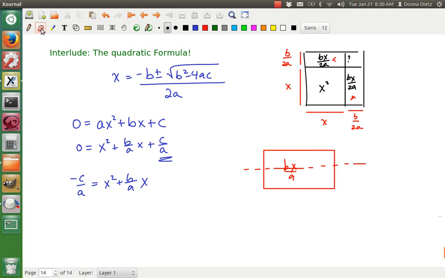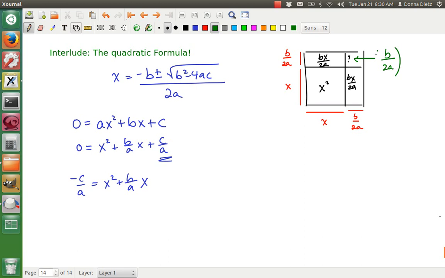I'm just taking a rectangular piece and splitting it into 2 equal pieces because I'm trying to rig this so that I can fill in the missing square. The missing square must be b over 2a squared, because that would be the missing piece. If you can visualize it, it shouldn't seem so mysterious what we're doing. So I want to put b over 2a squared on both sides.